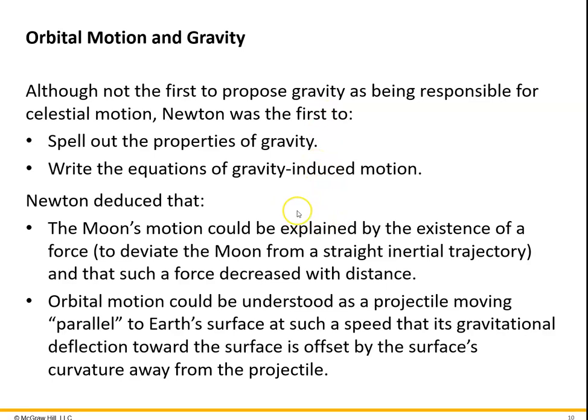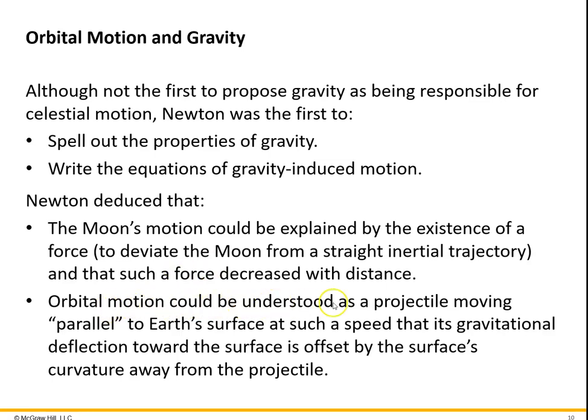But the thing that really makes it amazing is Newton says, "Hey, wait a second. That is what causes the moon to orbit the Earth." And not only that, he actually works out the details, with an equation that he discovered, which we'll come to shortly.